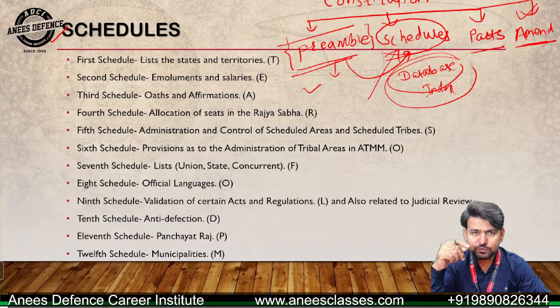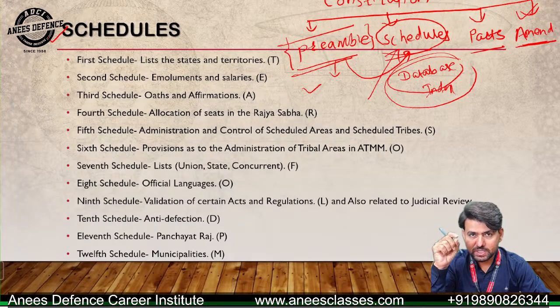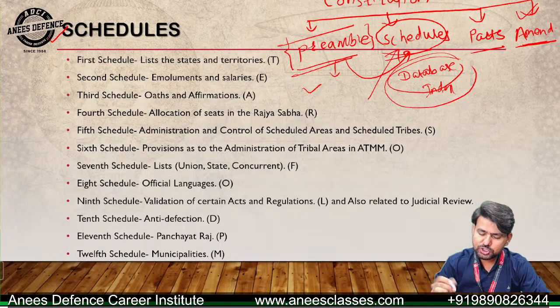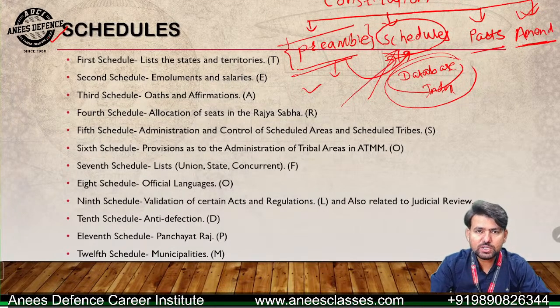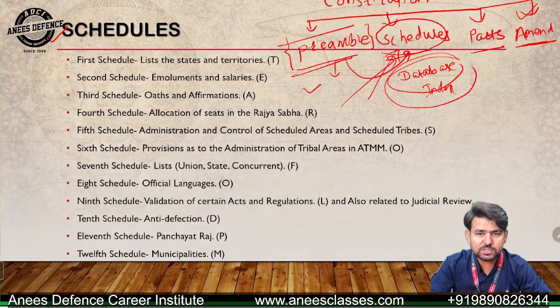The articles will give you only the concept. But for certain points you require certain data to support that particular article, and the article itself cannot contain all the information. That's why certain facts or numerical data are put under the schedule part. So schedules act like a database of the constitution. We will see that once we start discussing all the schedules, you will come across the analogy.